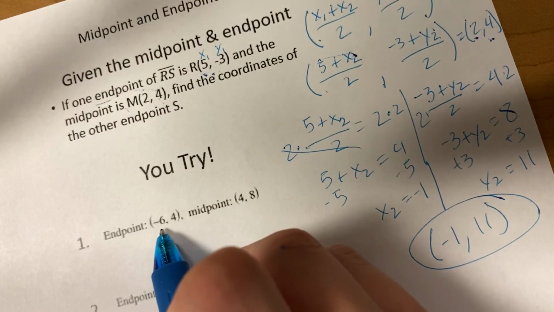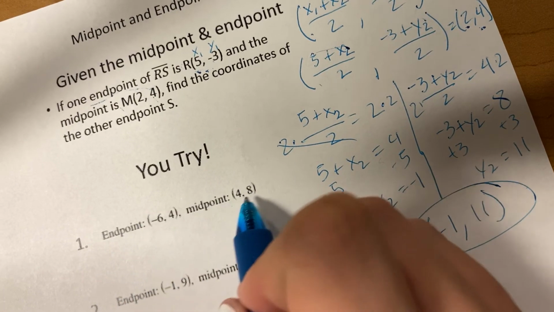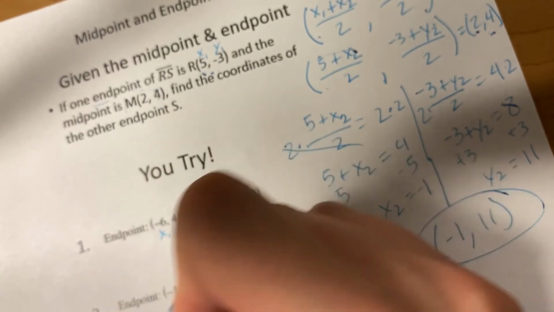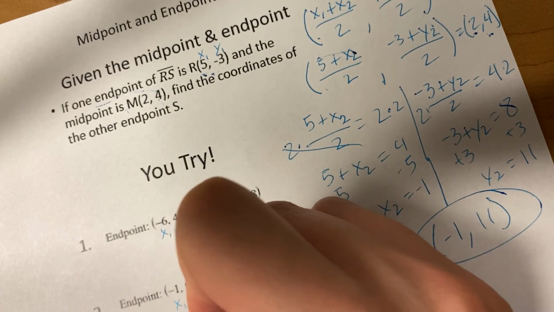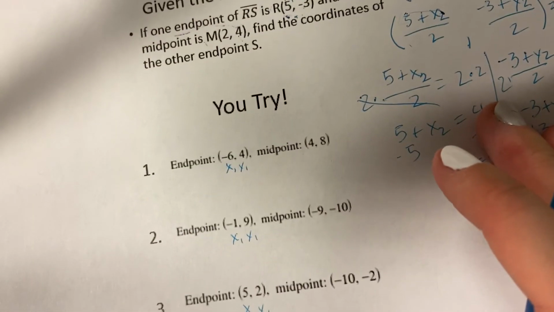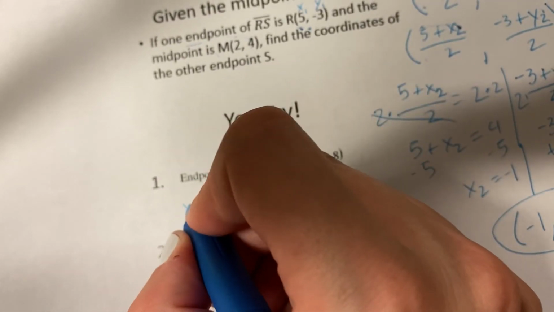So it's very important to remember, this is the endpoint, this is the midpoint, so make sure you're keeping those straight. I'm just going to set it up from the get-go the way I want it, because it's going to be the same procedure for all three of these. I'm going to label this x sub 1, y sub 1.